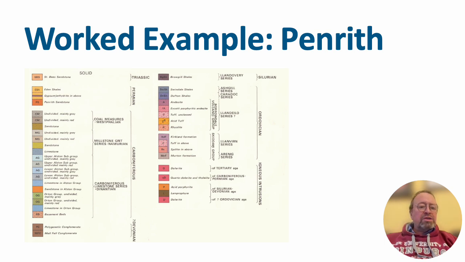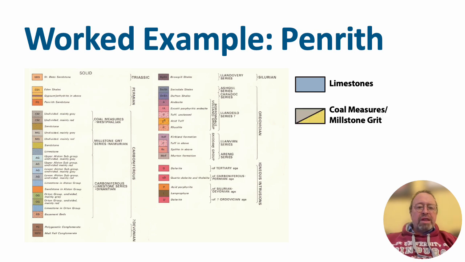So we can try and break this down into an older sequence of limestones overlain by coal measures and the millstone grit sequences, and then the younger sandstones and shales that sit above that.